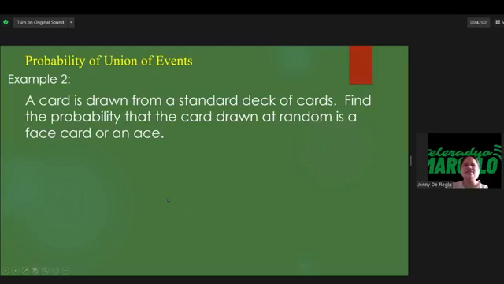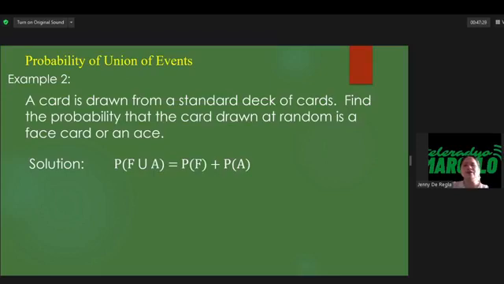Okay. So this is an example of mutually exclusive events because there is no ace in the face cards and also no face card among the aces. They do not have things in common.